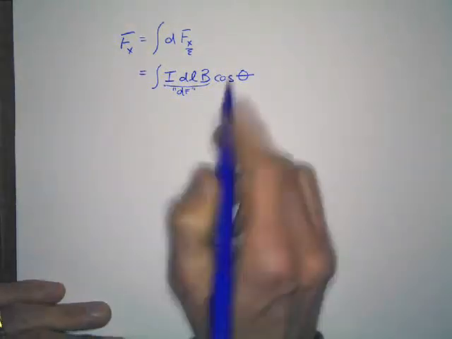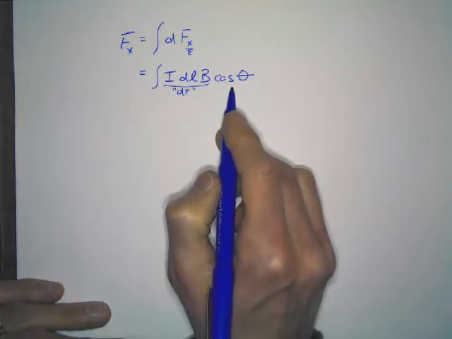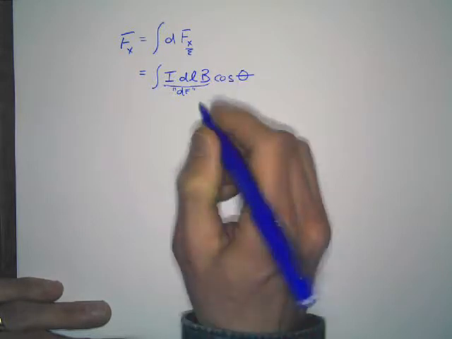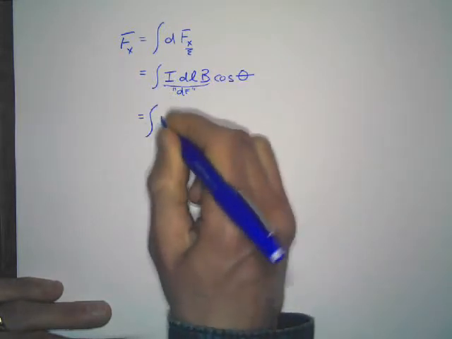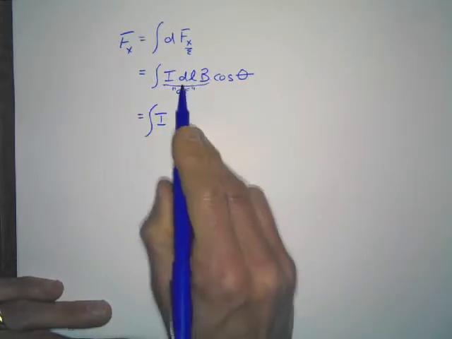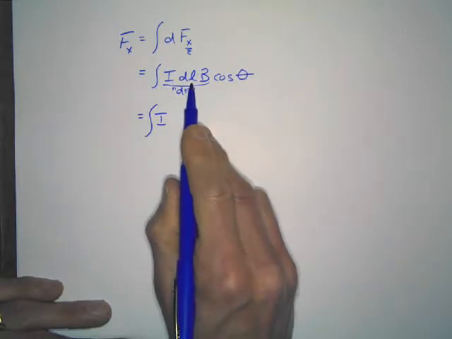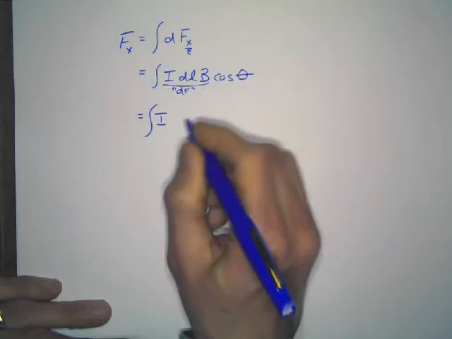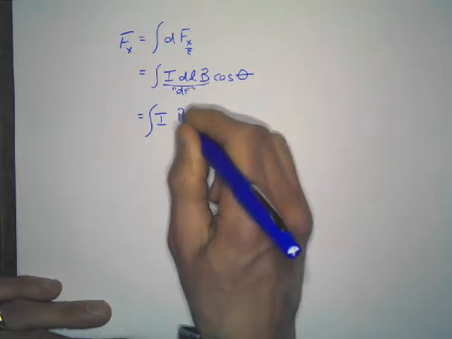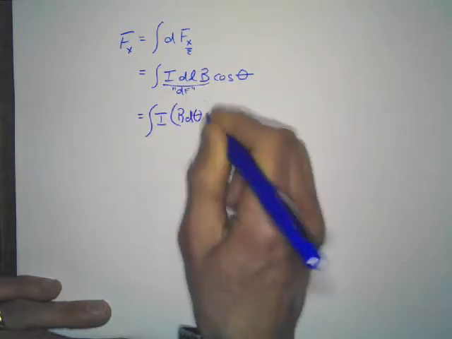Okay, so that is necessary to put that cos theta in there. The other thing we're going to do is a little substitution here. We're going to not integrate in terms of the dl, but we are going to integrate instead in terms of theta. So we're going to do a replacement here.